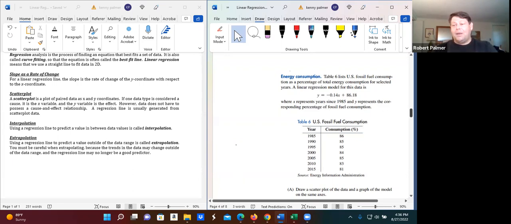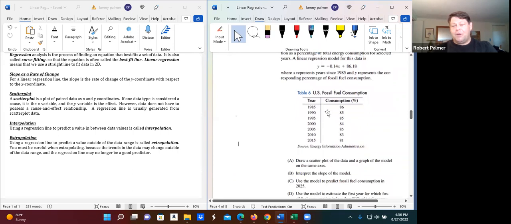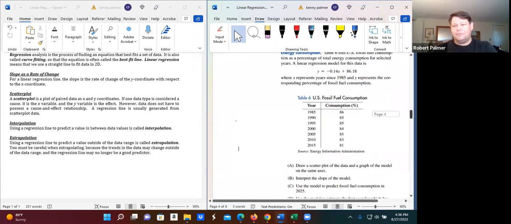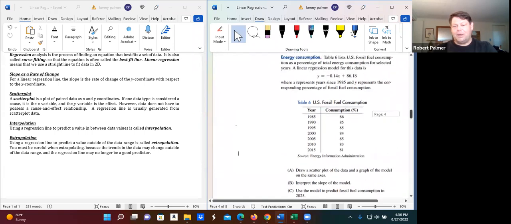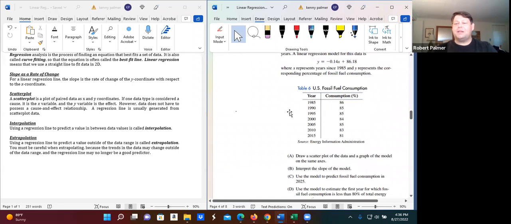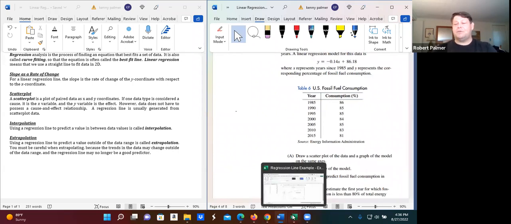Now, here we have this data. The first part says do a scatter plot. Actually, I'm not going to do that because that's exactly what we showed a minute ago in Microsoft Excel.